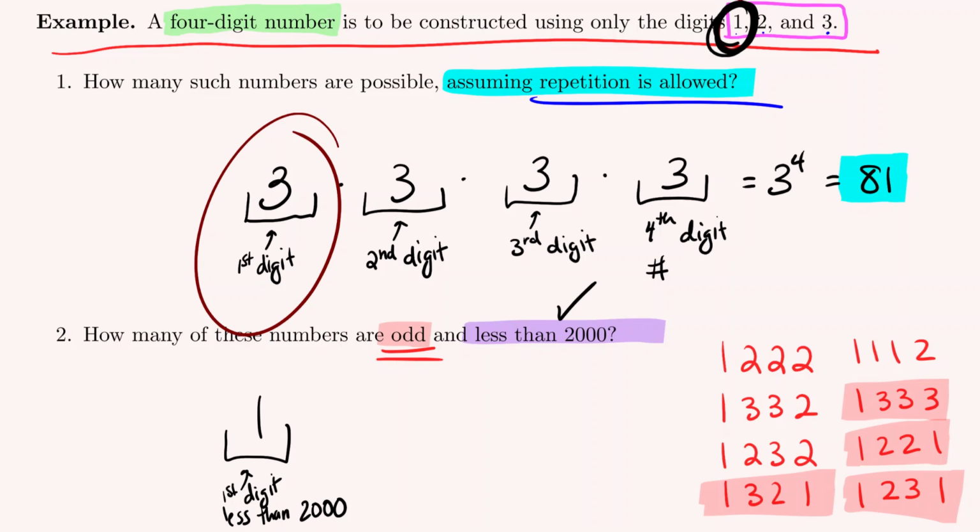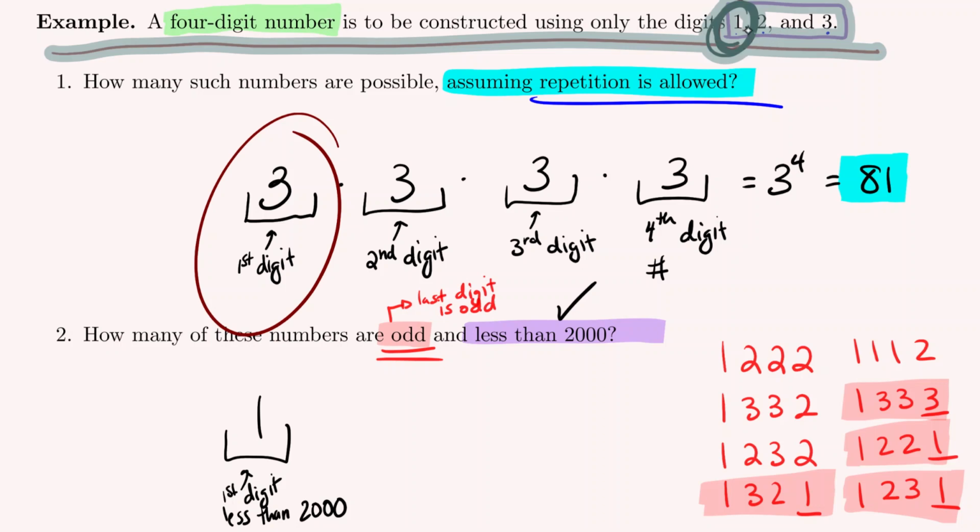The way you determine an odd number or an even number is always the last digit. A 4-digit number is odd if its last digit is odd. Similarly, a 4-digit number is even if its last digit is even. So when they say that we want an odd number, this means I must ensure the last digit is odd.